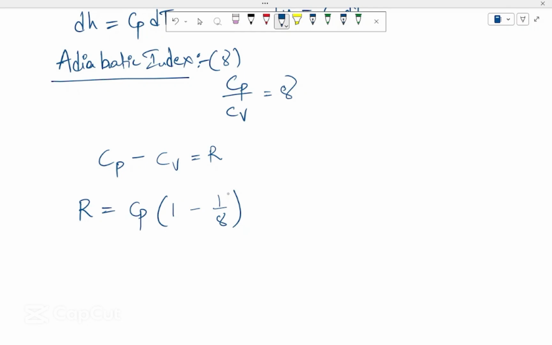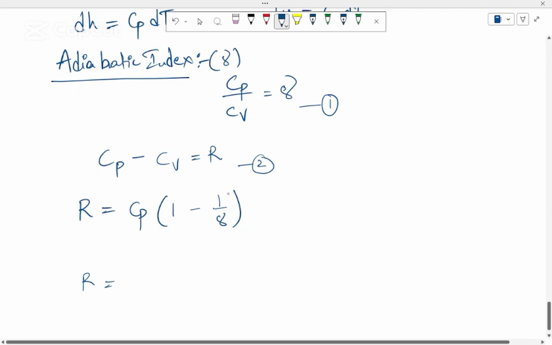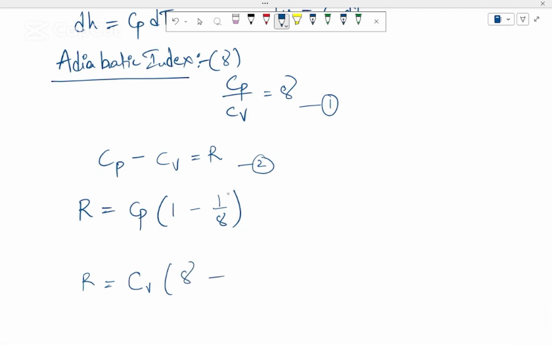Actually I made use of this here, and the combination of the first expression and the second expression I have taken to get the third expression. Same thing I can do with my Cv as well. R is equal to Cv, if I take it as common, I'll get gamma minus 1 as my expression here.